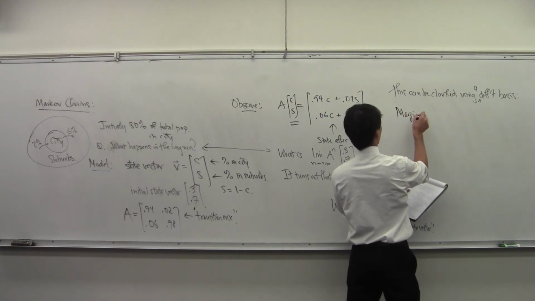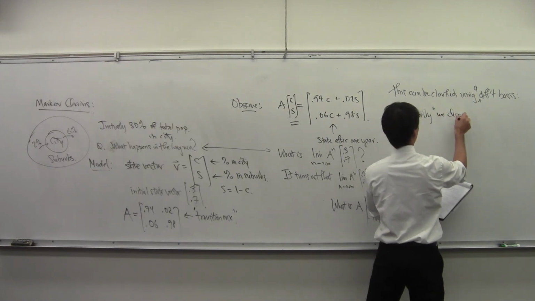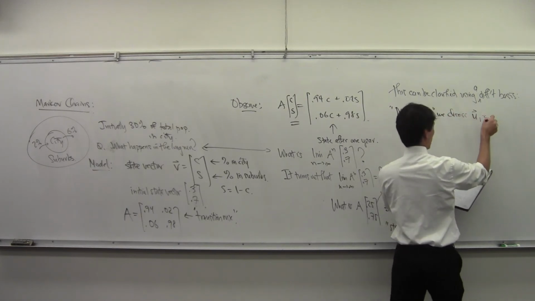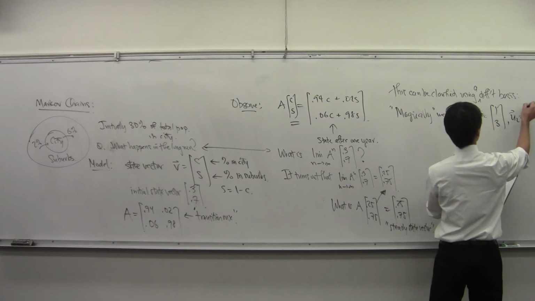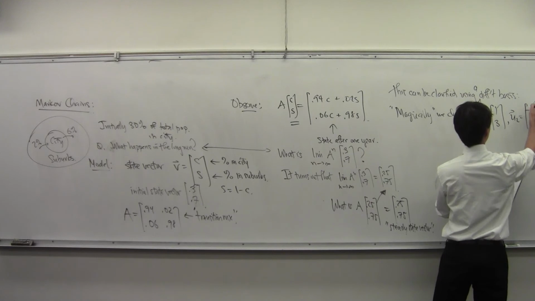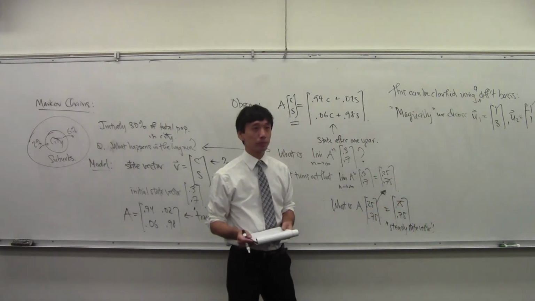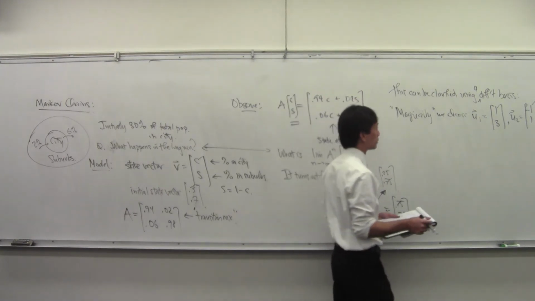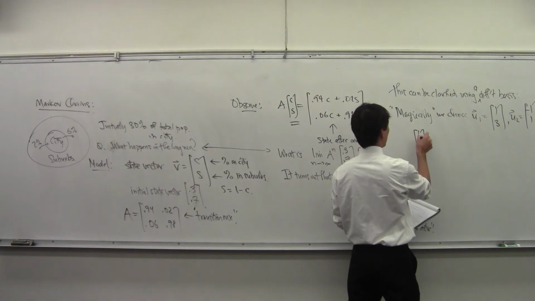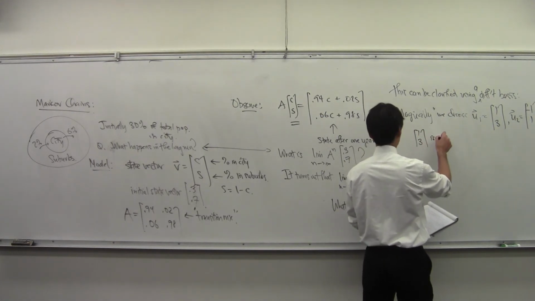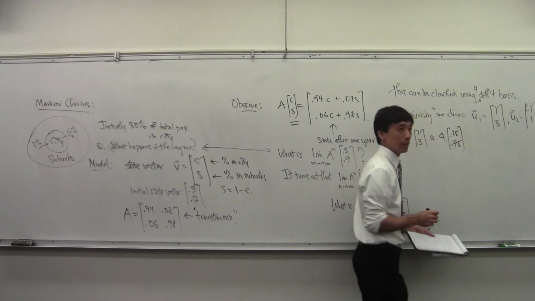Magically, we choose U1 to be 1, 3, and U2 to be negative 1, 1. 1, 3 is 4 times 0.25, 0.75, the vector that doesn't change.